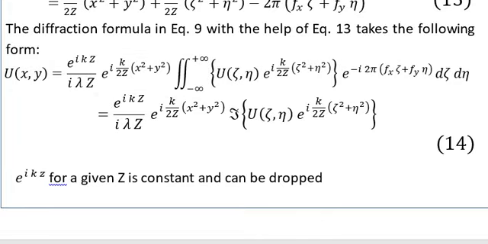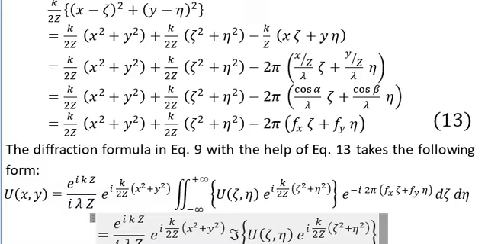So we can write in equation number 14, in the second step, a Fourier transform, and within the curly bracket we have the quantities which we have shown. This is the Fourier transform of u of zeta and eta multiplied by e to the power iota k over 2z times zeta square plus eta square. So this is the representation of the Fresnel formula in the Fourier form.